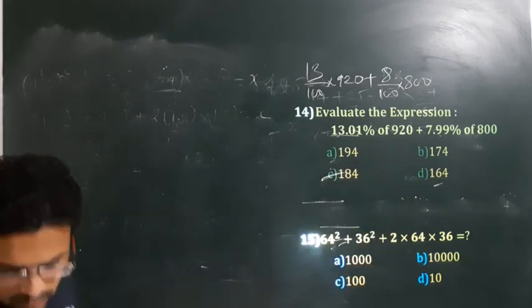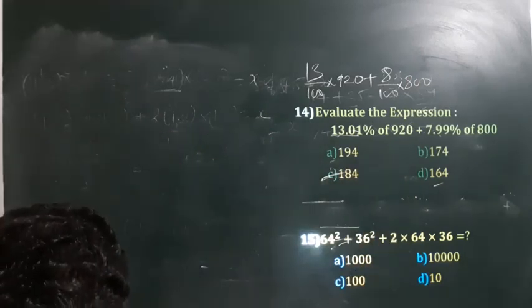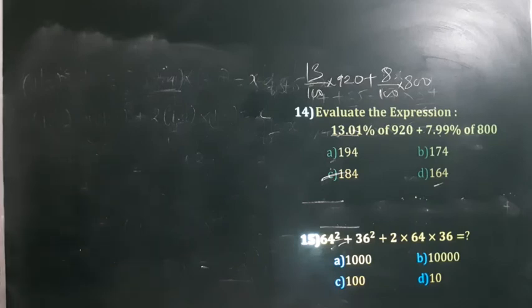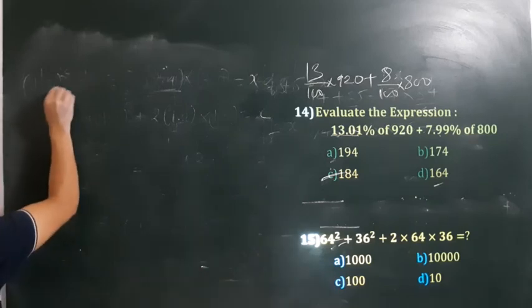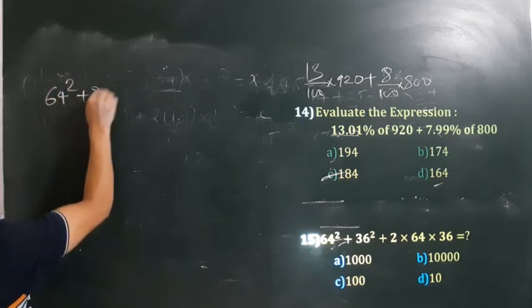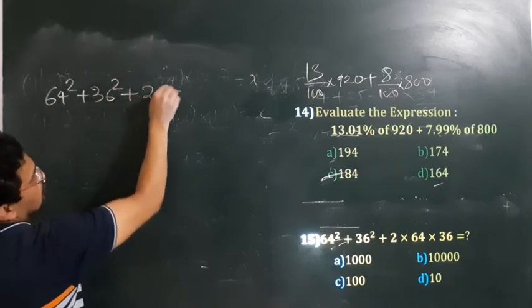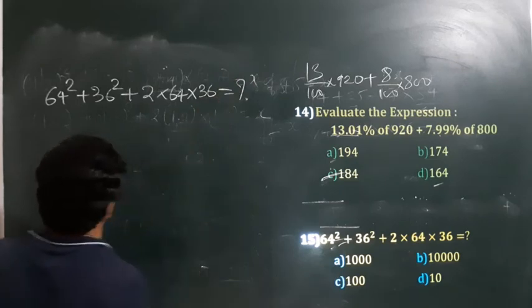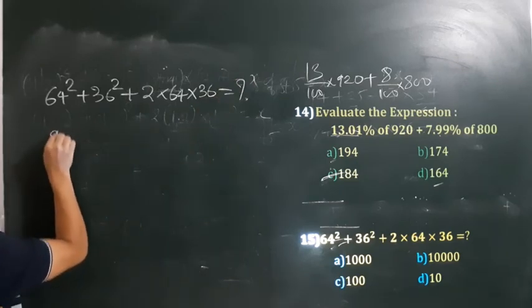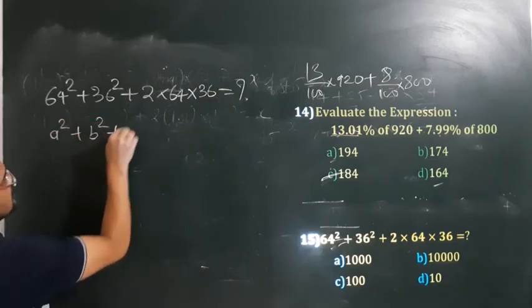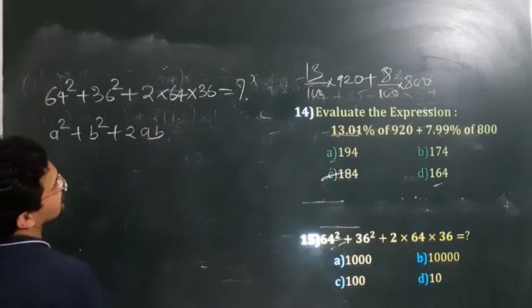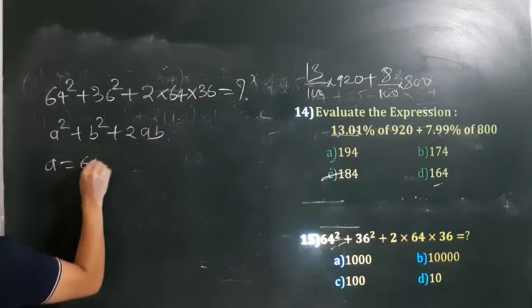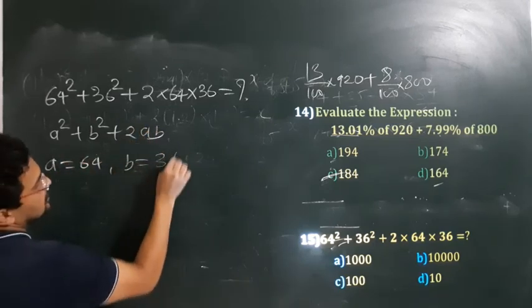Almost all are similar. Next, I will solve this one. 64 square plus 36 square plus 2 into 64 into 36 is equal to how much? It is almost a square plus b square plus 2ab. So here a is equal to 64, b is equal to 36.